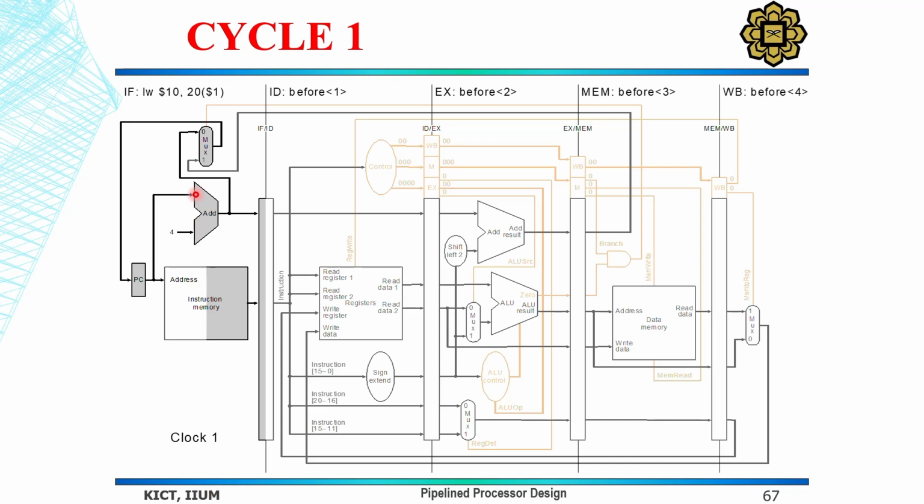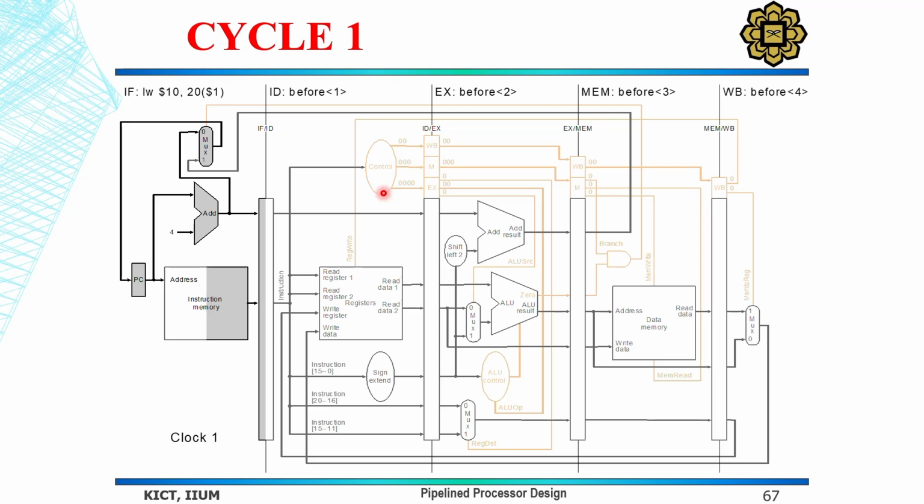So in cycle one, the first instruction is at stage one. In the ID stage, execute stage, memory stage, and write back, you will see it showing "before instruction one". Of course, before executing the instructions of this program, there might be something else which was processed.